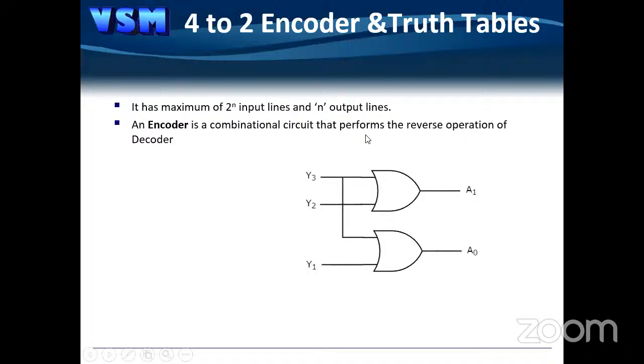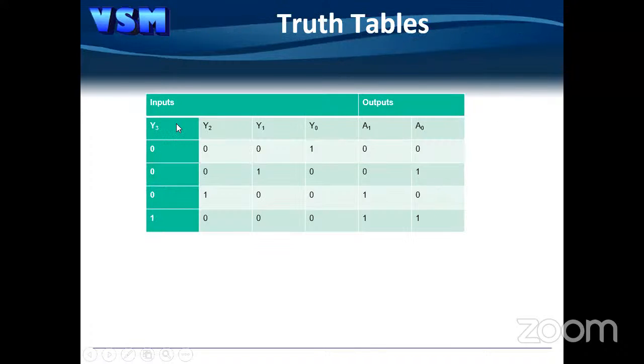This is the encoder circuit. The first one we don't consider, so we are not giving y1 y0 values, the 0 0 values, here.